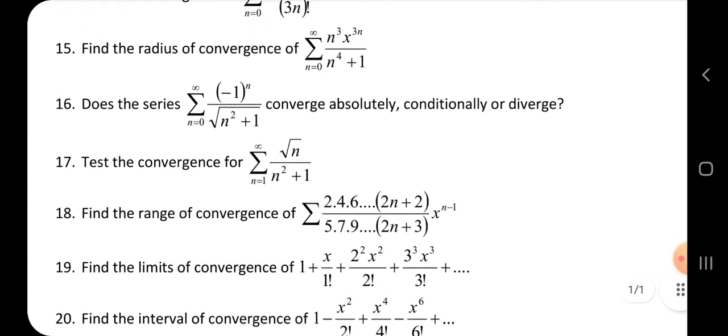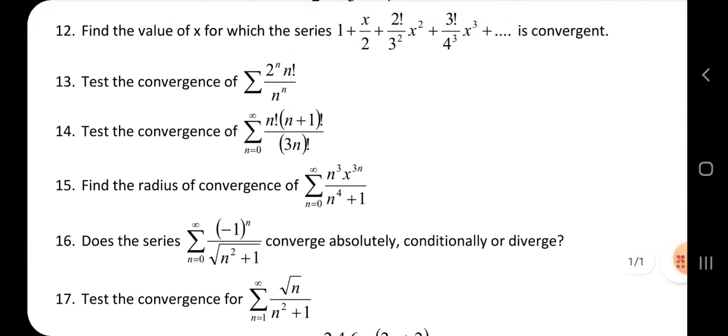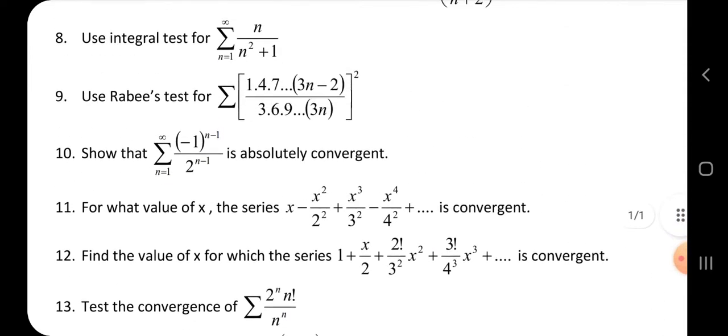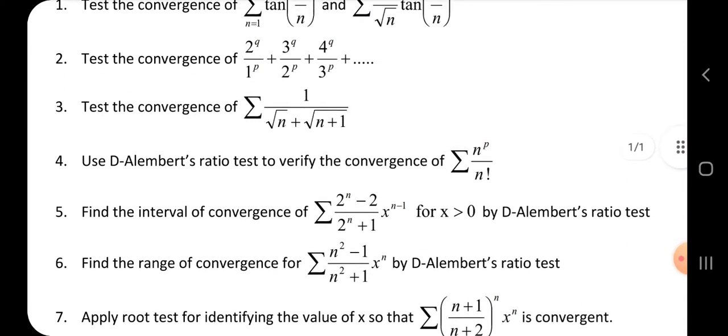In the case of alternating series, first you need to verify whether the given series is convergent or not by applying the Leibniz test, and then on applying absolute convergence, for the absolute series you can use any of the methods to verify it. If the absolute series is also convergent, you call it absolutely convergent. If it is divergent, you call it conditionally convergent. So these are the 20 problems I have given corresponding to unit number 3.